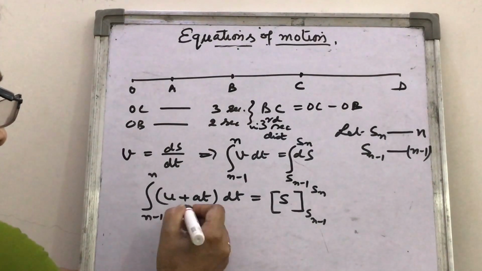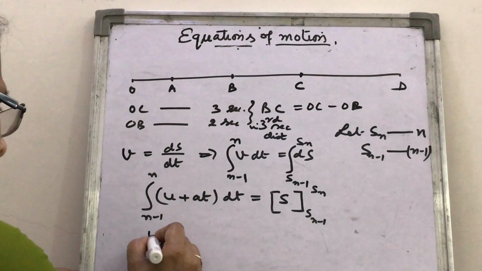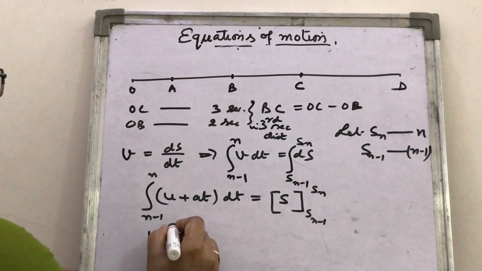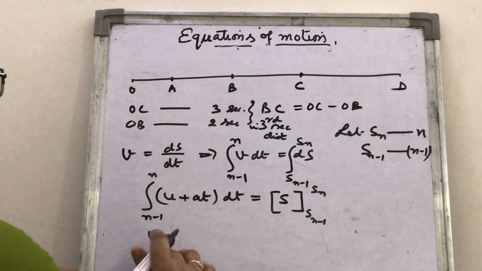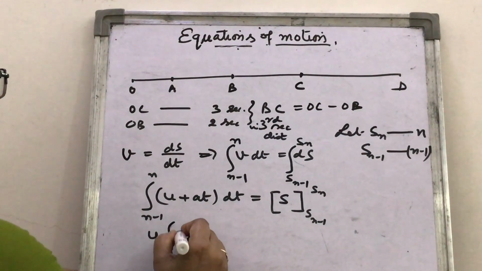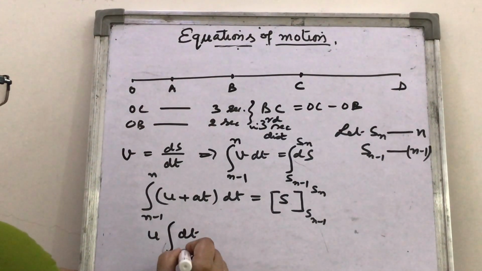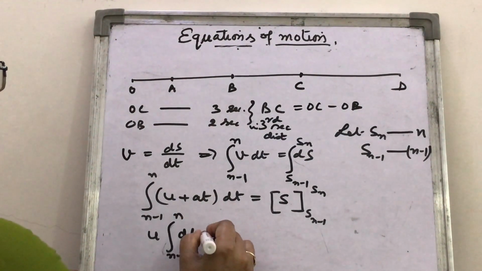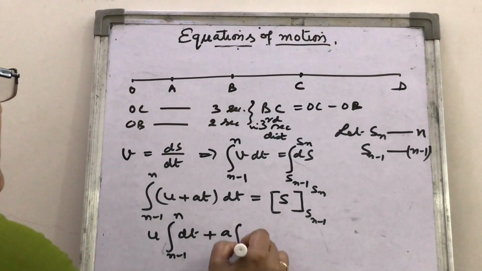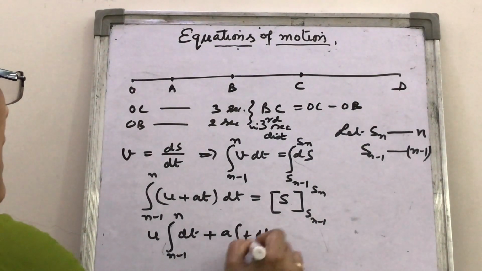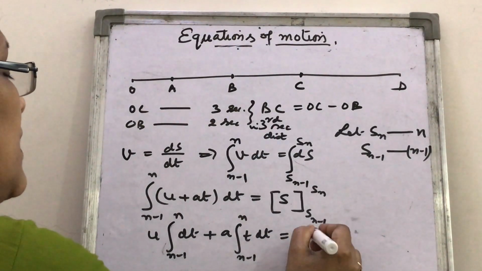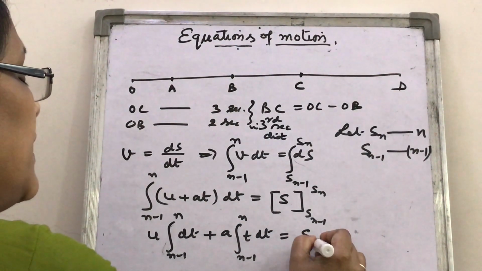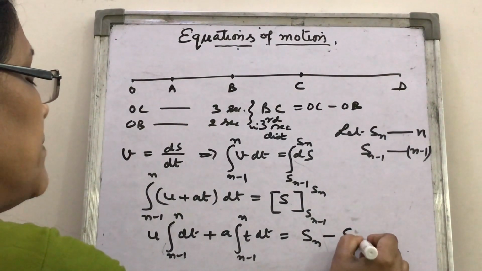Open this bracket. First of all, I should write it like this: integral of u dt within the same limits n minus 1 to n, plus a outside the bracket, integral of t dt from n minus 1 to n. This will be equal to Sn minus Sn minus 1.